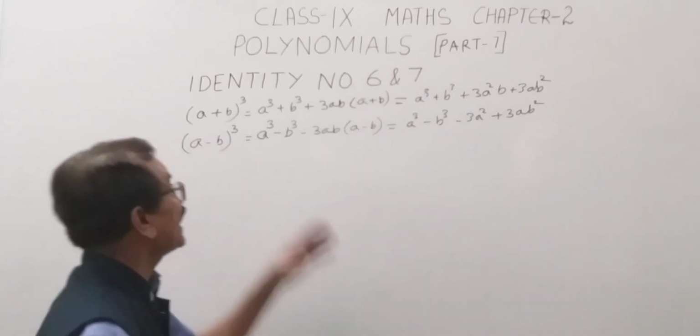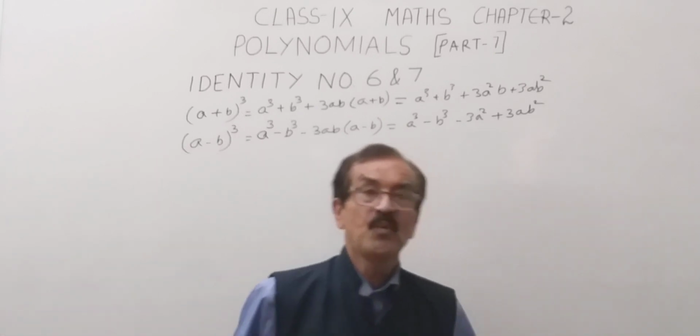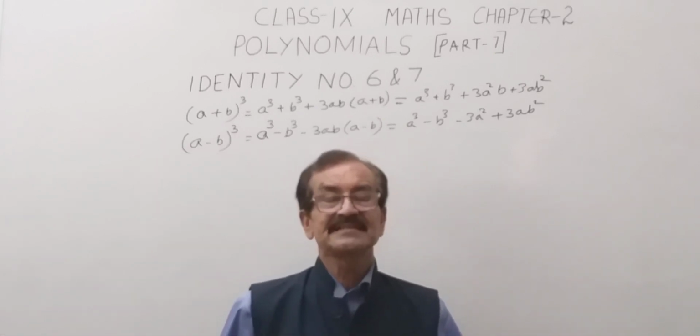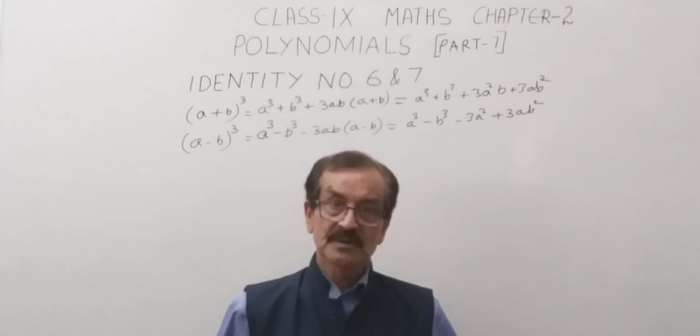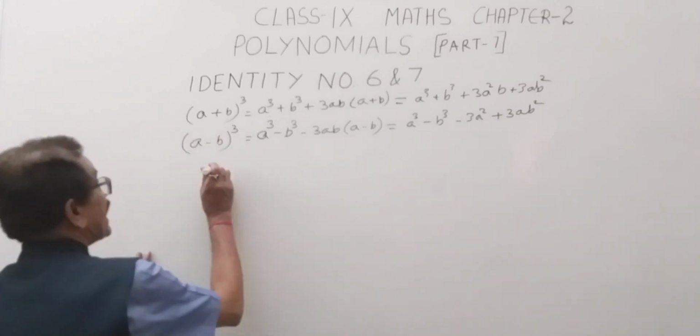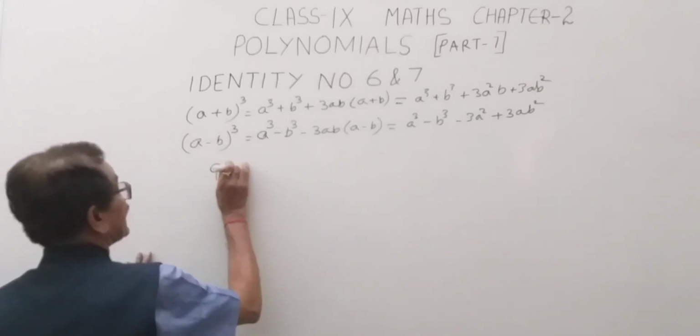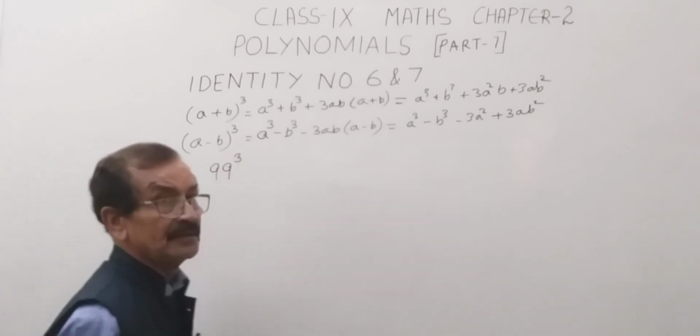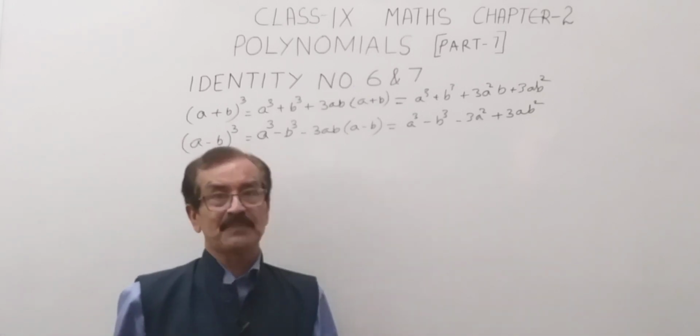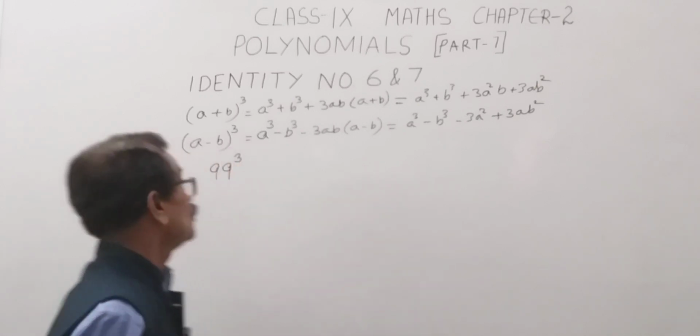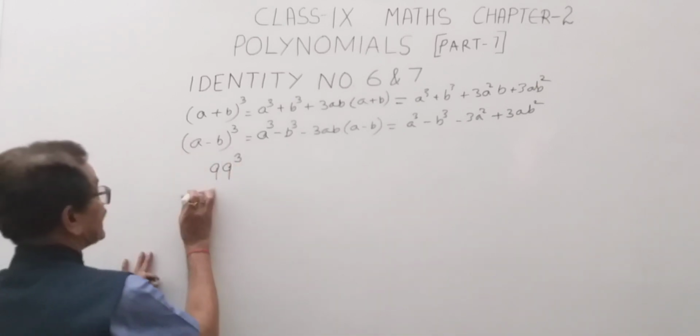Now, these identities are very useful for certain multiplications also. Suppose you have to find the cube of 99, but you are not going to multiply actually. So, we can use this identity.